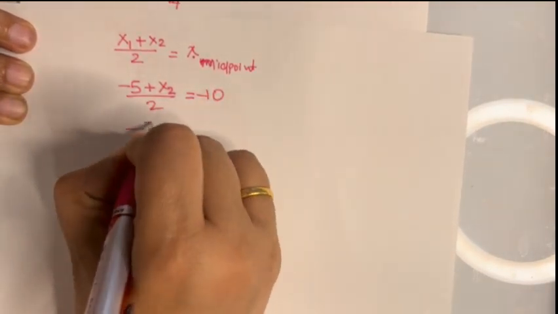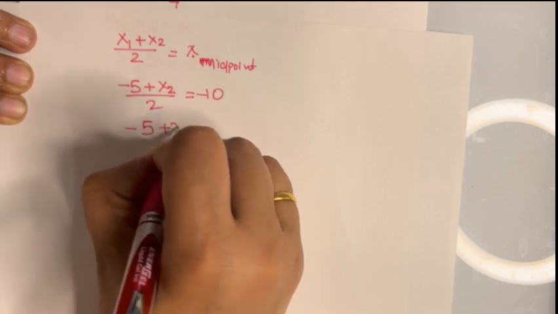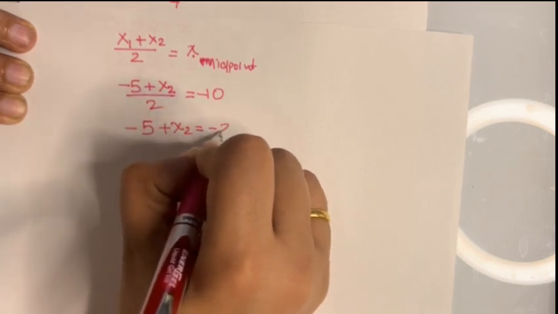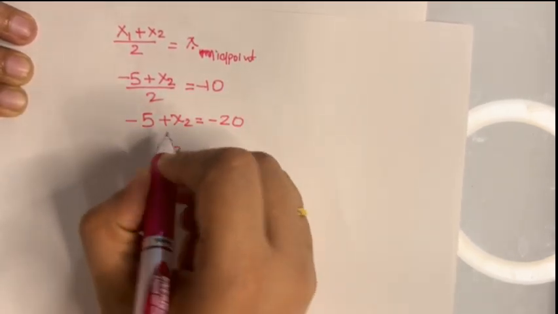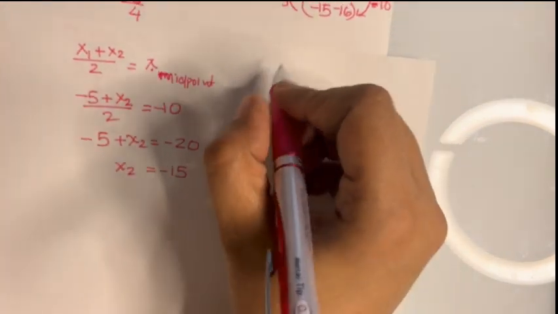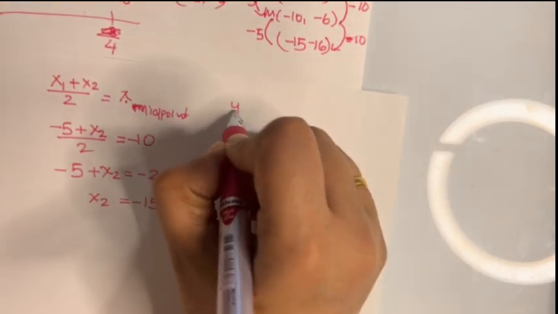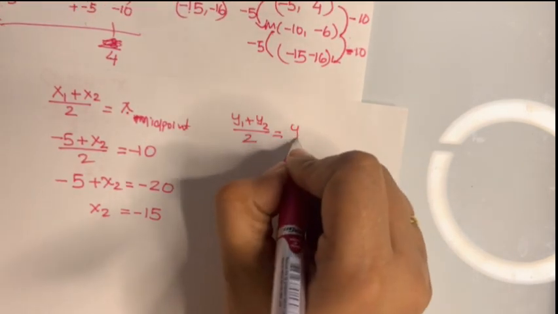Multiply both sides by 2. Negative 5 plus x sub 2 equals negative 20. Then you add 5, and x sub 2 is negative 15. And you do the same thing for the y value. y sub 1 plus y sub 2 divided by 2 is the y value of the midpoint.